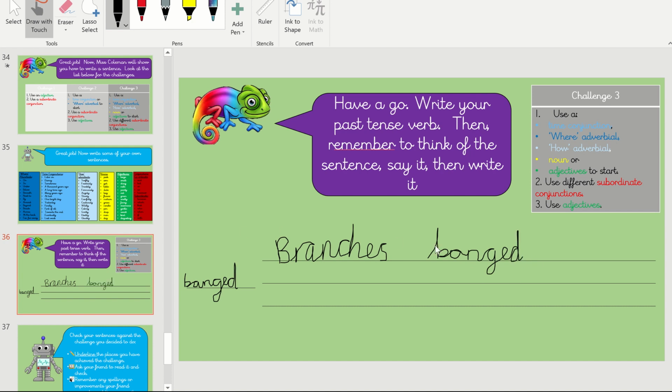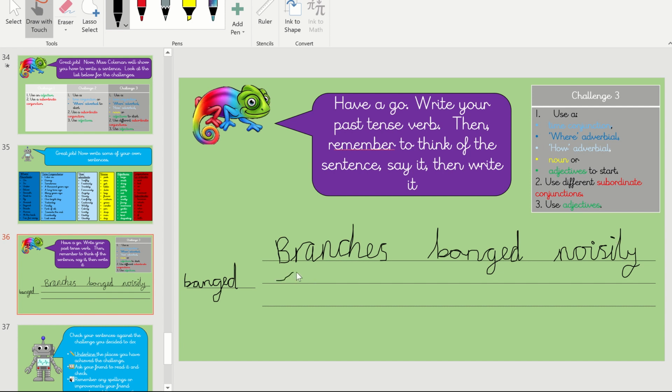Branches banged noisily. Noisily against the window.